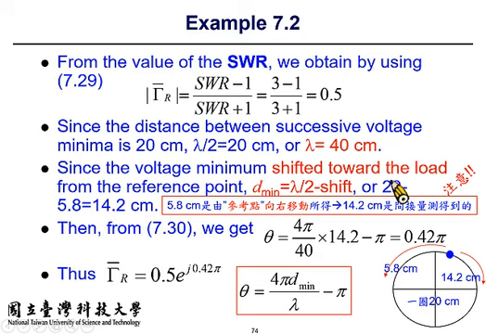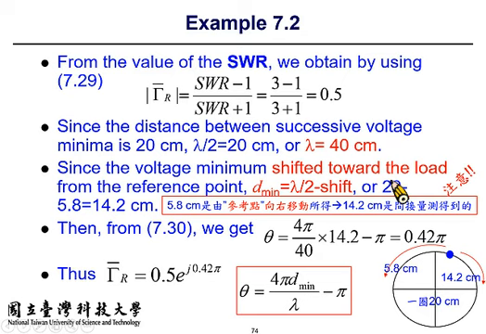And it says that the voltage minimum is found by shifting toward the load from the reference point by 5.8 centimeters. This is the most tricky part about this example problem.